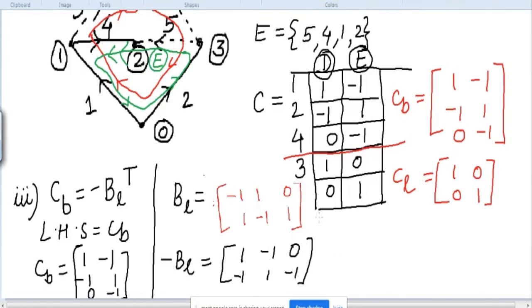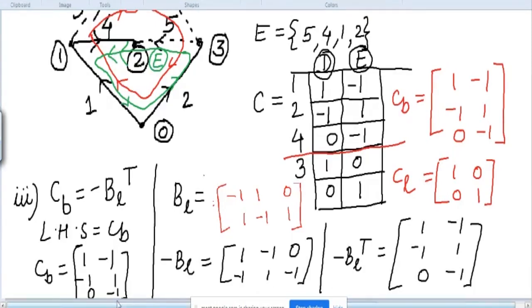And if you make this minus BL transpose, then this will be equal to 1 minus 1 0 and minus 1 1 minus 1. So let us check whether this minus BL transpose is equal to CB or not. So you can see CB is 1 minus 1, this is 1 minus 1, then minus 1 1 minus 1, 1, 0 minus 1 0 minus 1. That means your identity is proved.